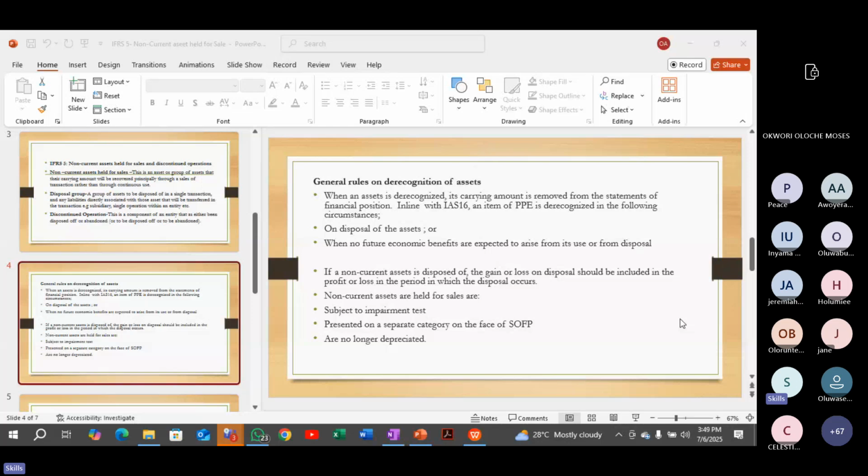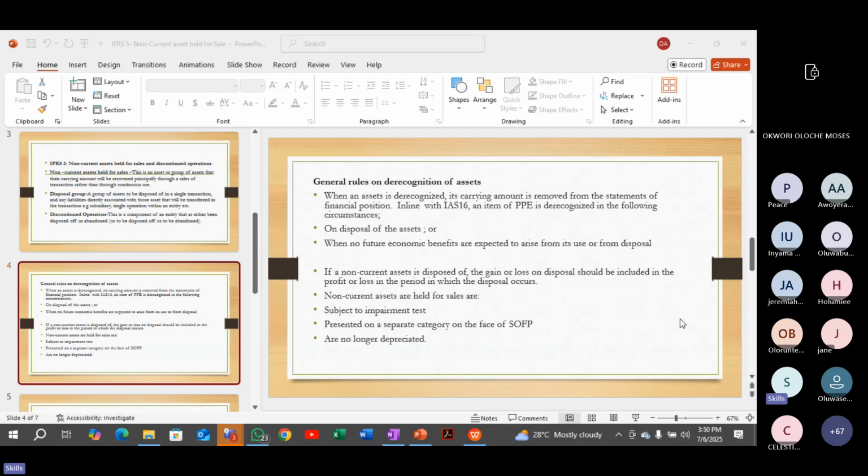Any gain or loss should be included in the period in which the profit or loss occurred. Non-current assets held for sale are subjected to an impairment test, presented in a separate category on the face of the SOFP, and are no longer depreciated.